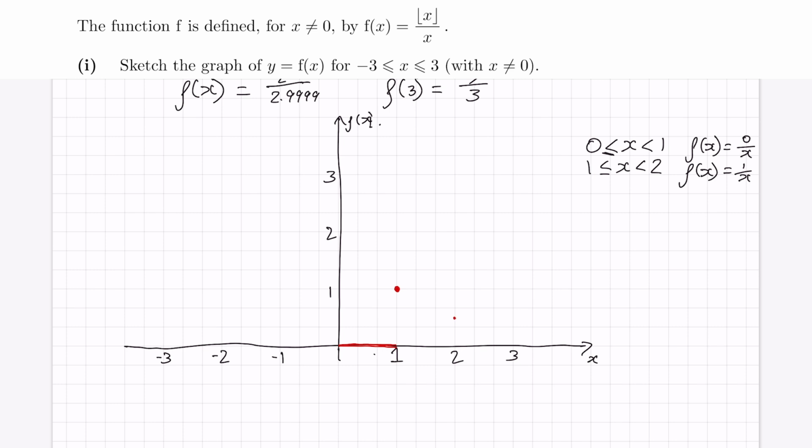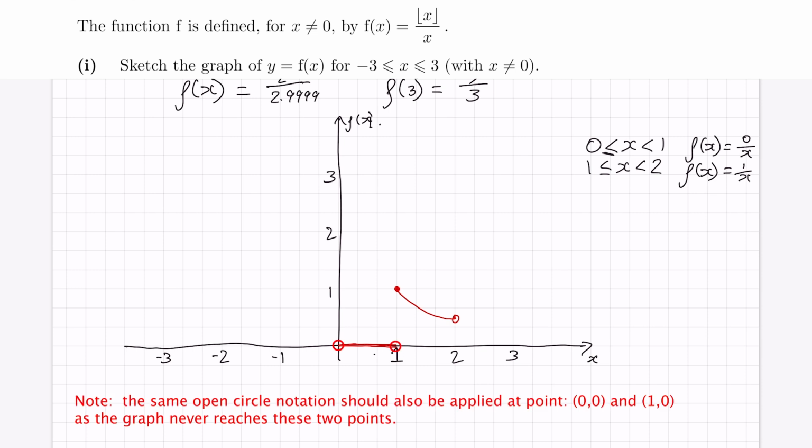So we end up somewhere about here, and it's going to look like a 1 over x graph. And just as a bit of notation, because we never actually get equal to a half, we just get closer and closer to it, we would leave that as an open circle like this. So at 1, I've got a closed circle. As I get to 2, it's normally an open circle. Okay, so I've done that part.